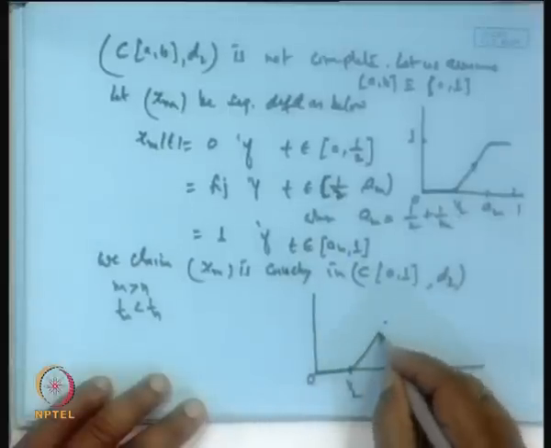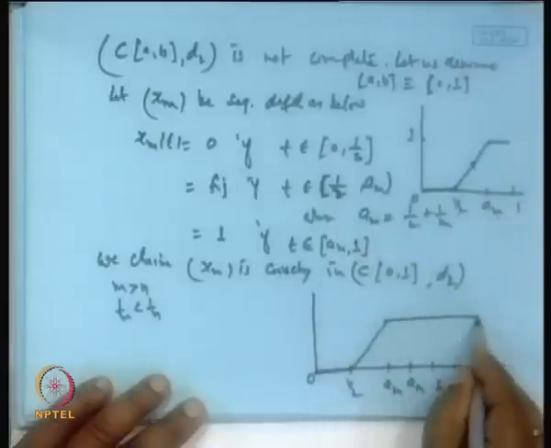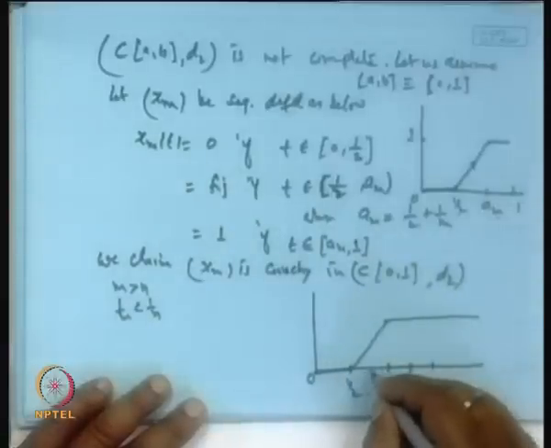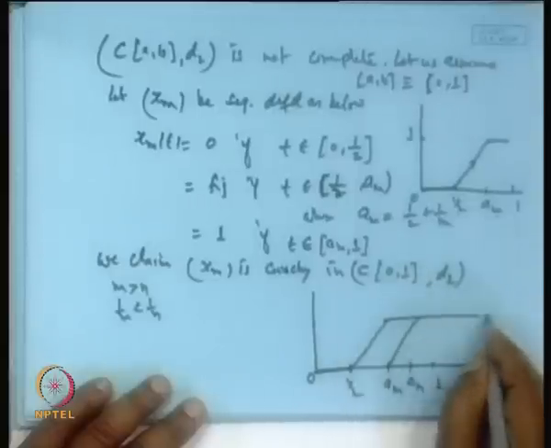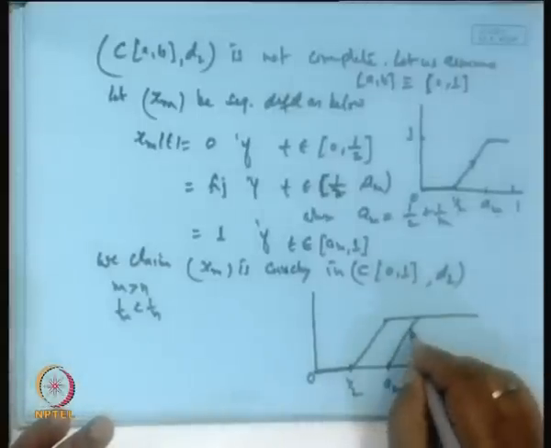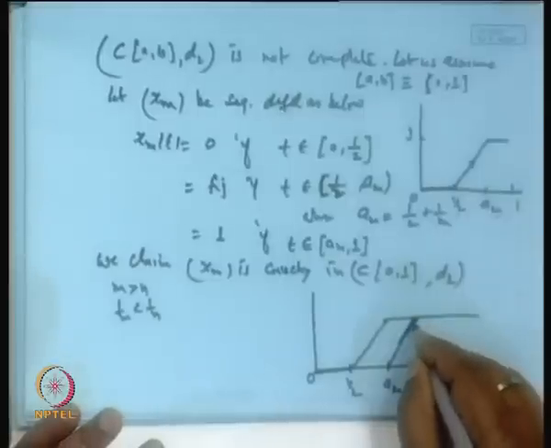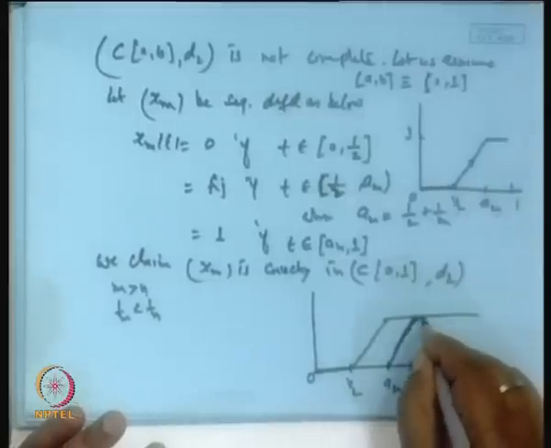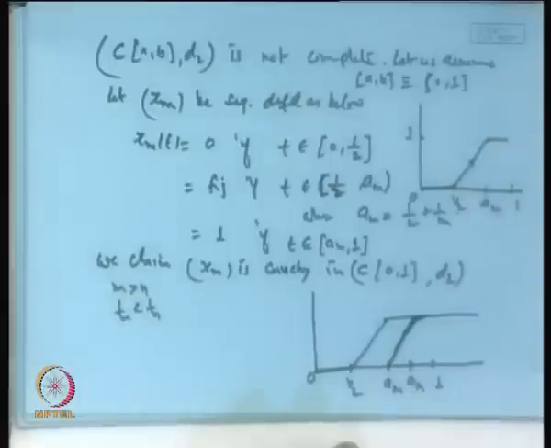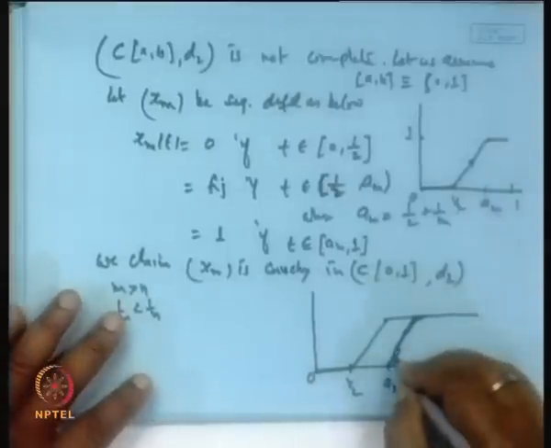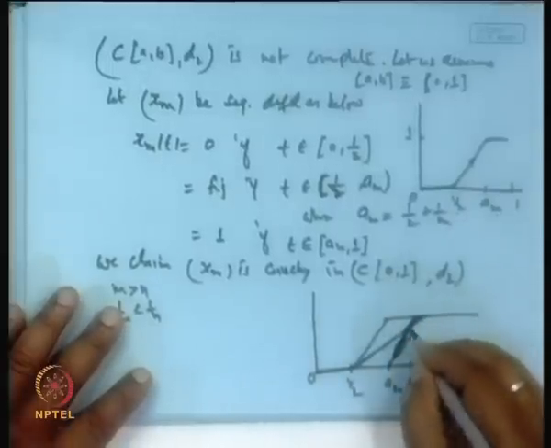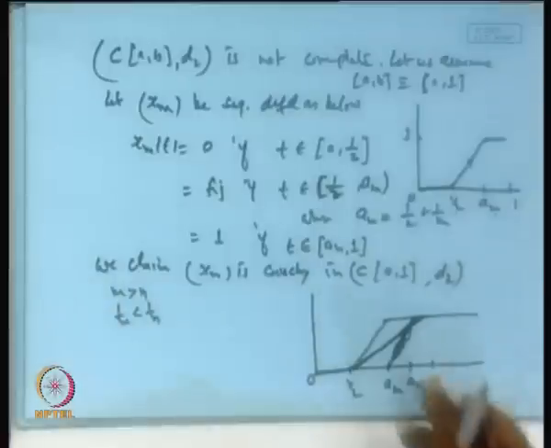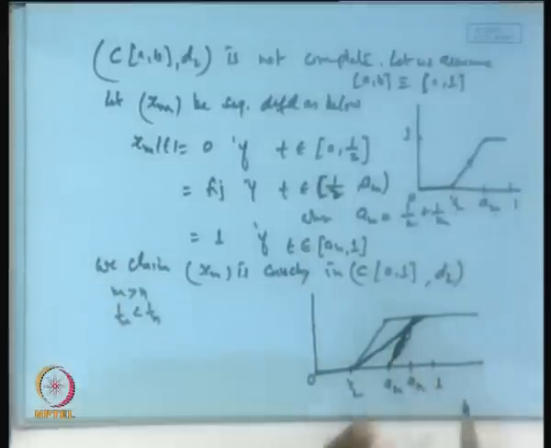For n it will be like this, and so on. This is our a_n.